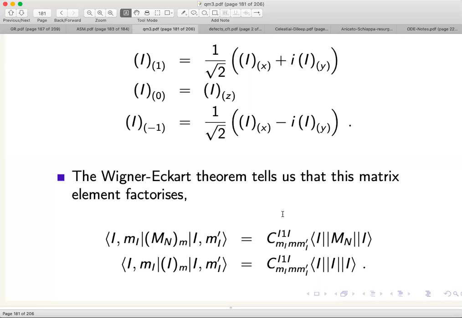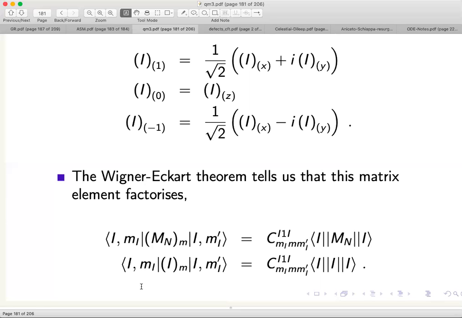The Clebsch-Gordan coefficient, if you recall, is non-zero only when M plus Mi prime is equal to Mi. If Mi is exactly the sum of this M and this Mi prime, only then would this matrix element be non-zero.